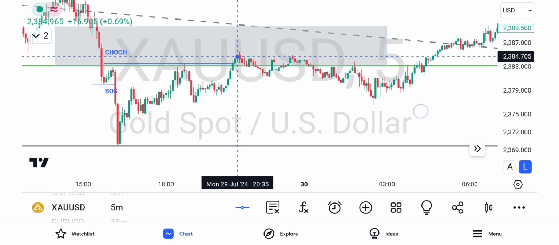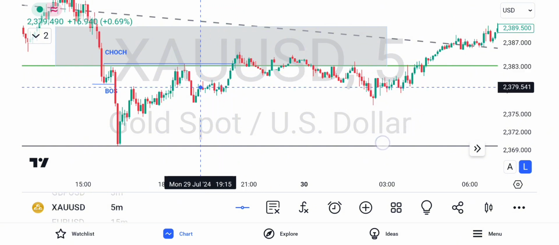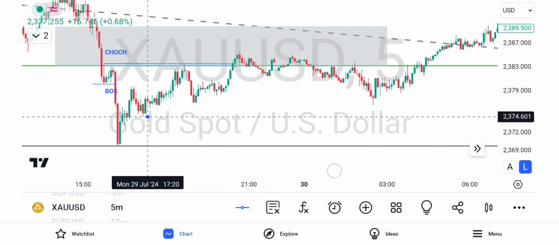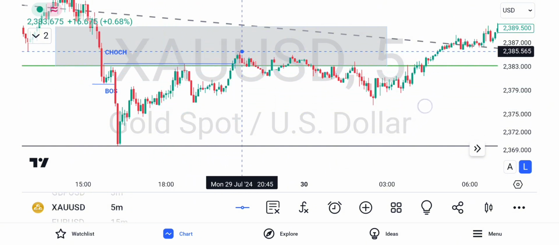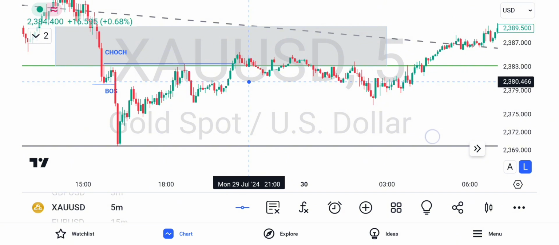Okay, now the next thing to do is to look for an order block within this axis, after price has changed character and would return back to our order block to respect it before it takes a buy.